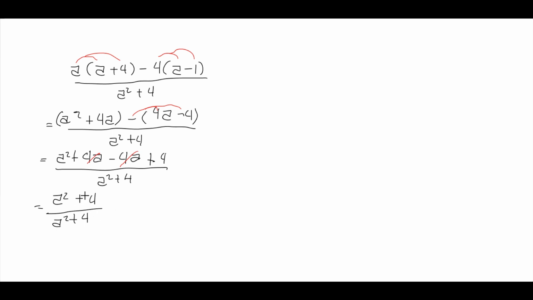Take note that dividing common terms will always get an answer of 1. For example, 2 divided by 2 will get 1, and 1 divided by 1 will get 1. In this case, a squared plus 4 divided by a squared plus 4 will get the answer of 1. So 1 is the answer for this problem.